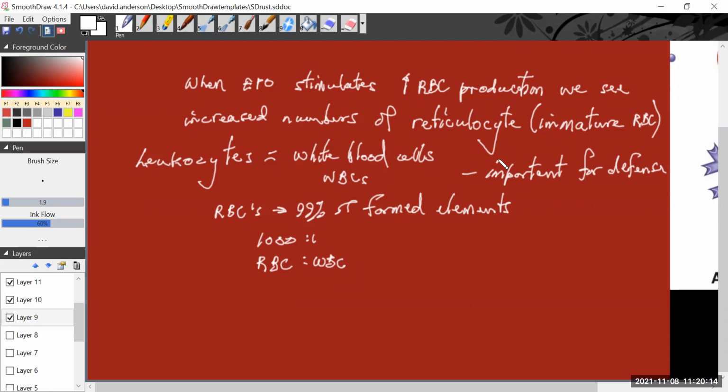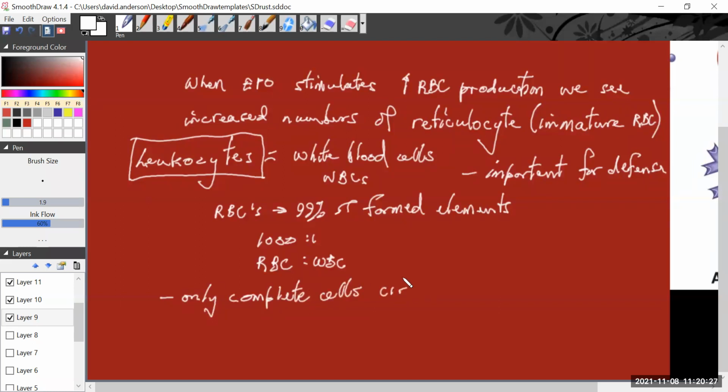But for now, what we want to realize about our leukocytes is that these are technically the only complete cells circulating in the blood. Complete because they have a nucleus, they have endoplasmic reticulum, et cetera. Mitochondria, they can undergo mitosis, so their numbers can change quite dramatically.